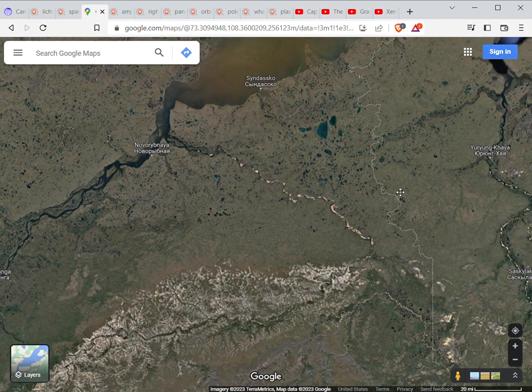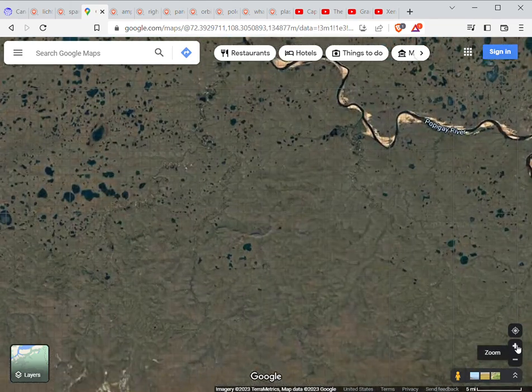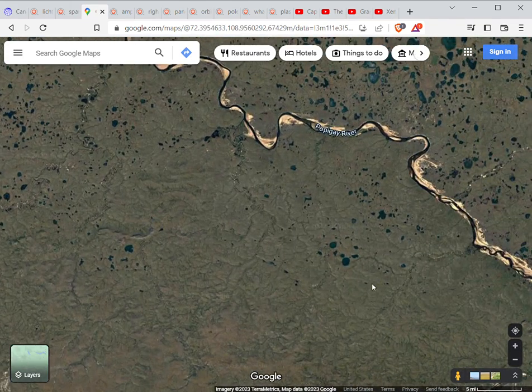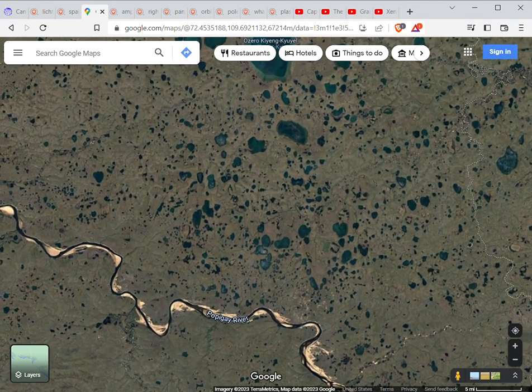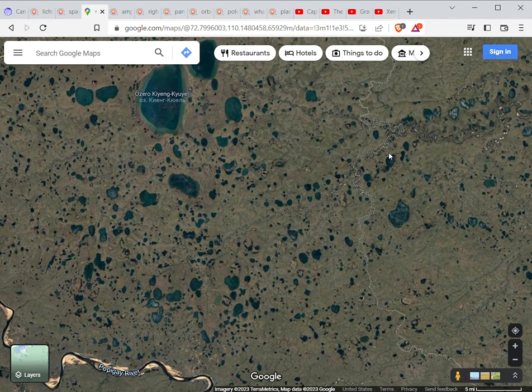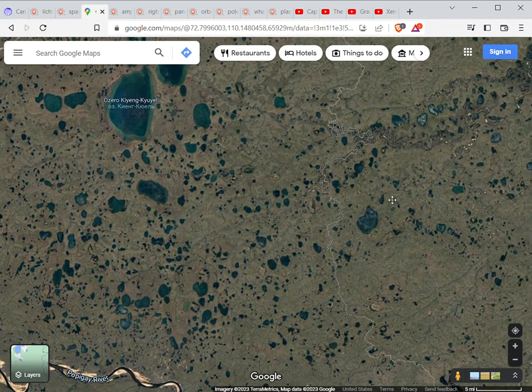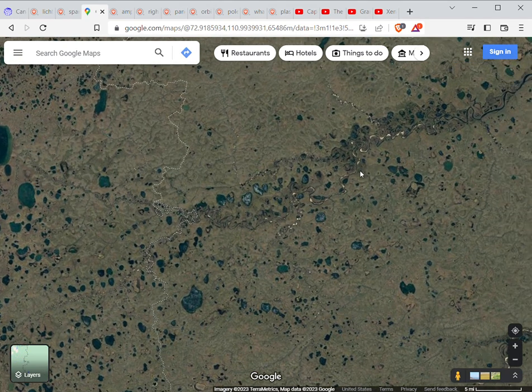But you zoom in and just look at some of these lakes, it's hard to process, but you notice there's like smaller patterns. But look at the frequency on this river. Just for a sec.